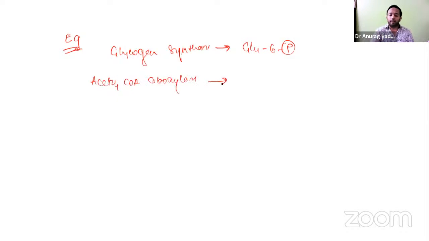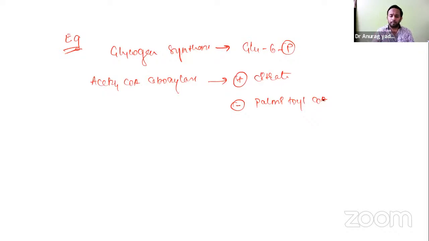Who will activate it? The activator is citrate. In the presence of citrate, the enzyme activity increases. It is inhibited by palmityl-CoA, or palmitic acid. Palmityl-CoA will decrease the rate of reaction, acting as the inhibitor.